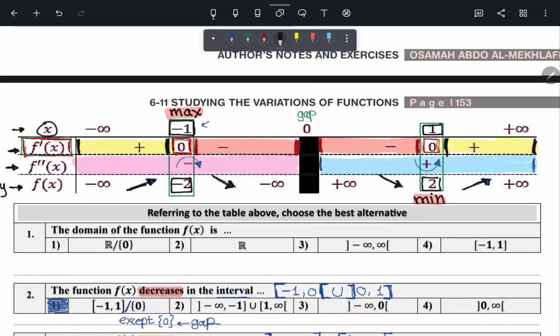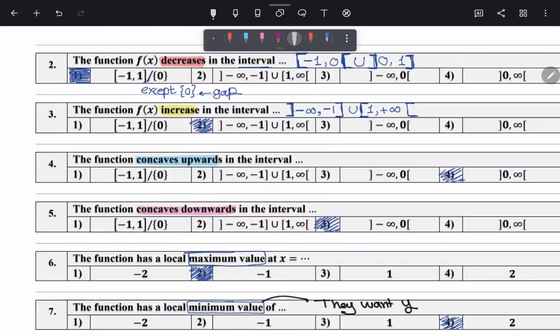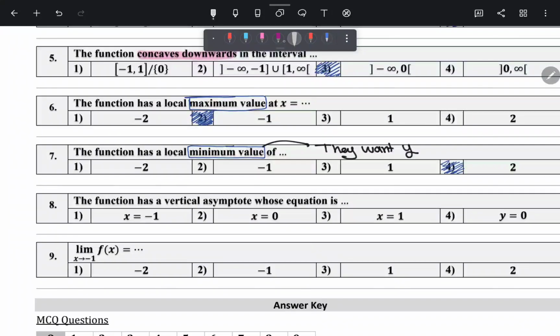Yes, but only one, at x is equal to 0, and the check is good. So in the questions, they asked me about the vertical asymptote, saying we have a vertical asymptote at which one? And we say here that we have one at x is equal to 0.